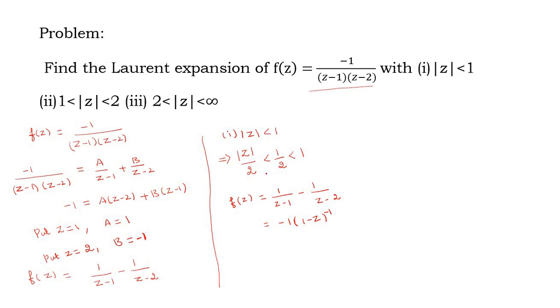The second one we need z by 2, so therefore we take minus 2 outside, so minus into minus is plus, so 1 by 2 into (1 minus z by 2) whole power minus 1, which is equal to, we may write, minus 1 into (1 plus z plus z square plus etc.)